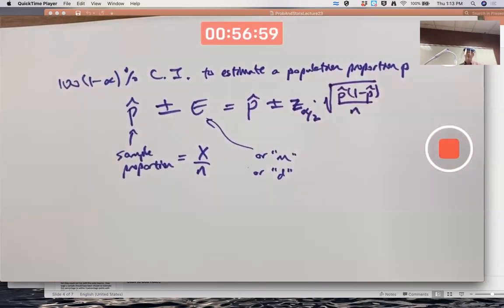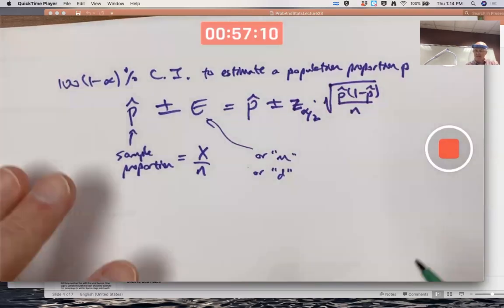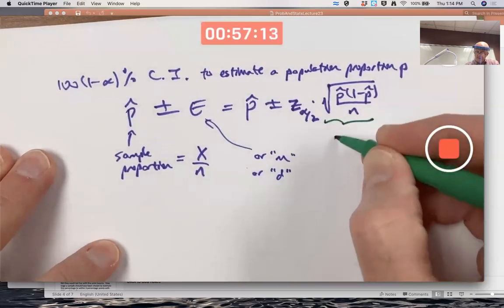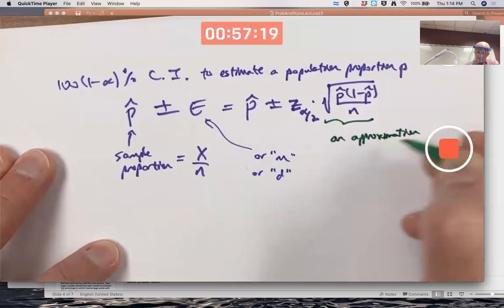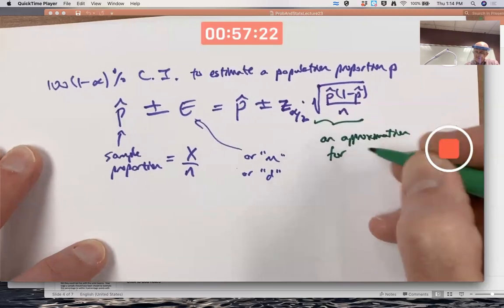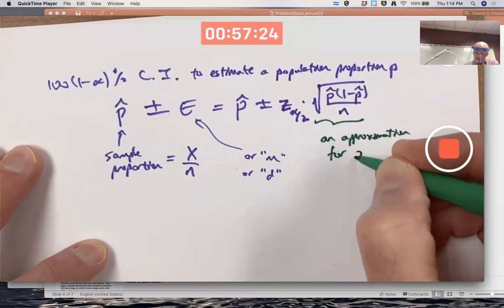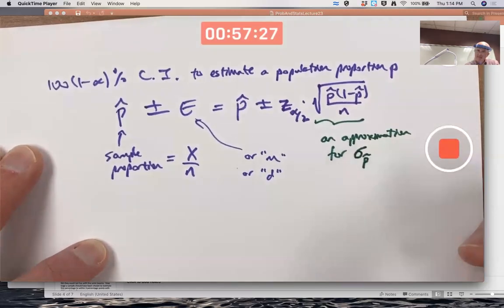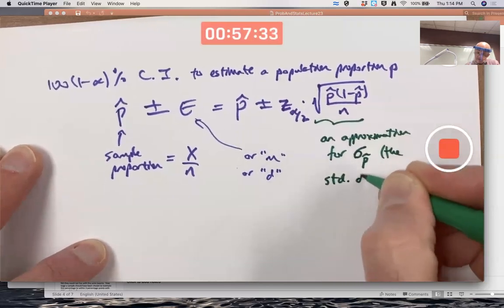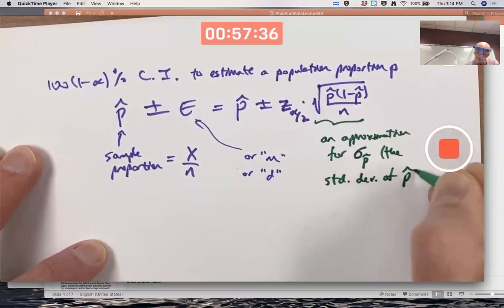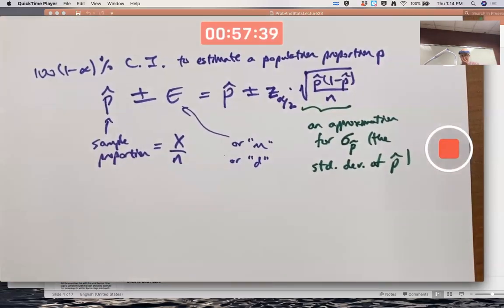Where in the world does that come from? Actually, it's not the true standard deviation of the sampling distribution. It's an approximation for sigma sub p hat, the standard deviation of p hat, or you could say of its sampling distribution.